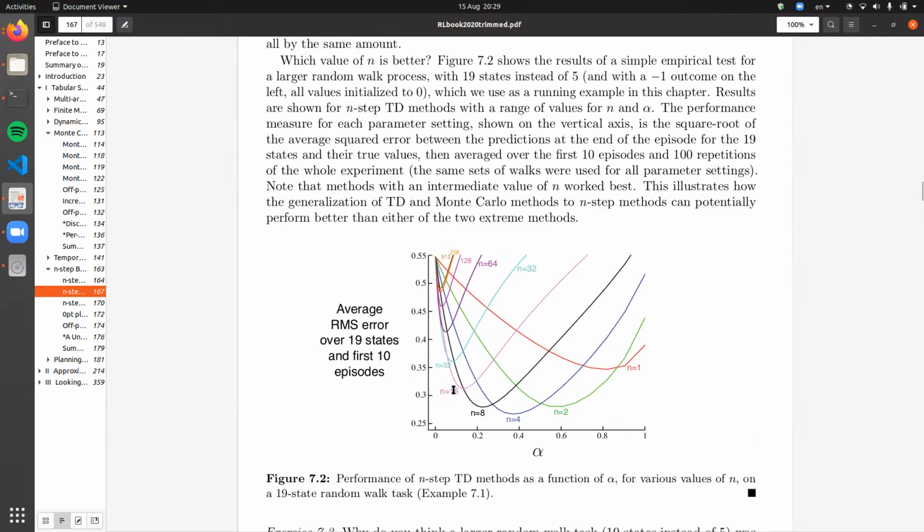It doesn't make much sense to use something like 16-step bootstrapping for this problem setting when we have only 5 states, because if we do 3 consecutive steps to one side, we are done, right?